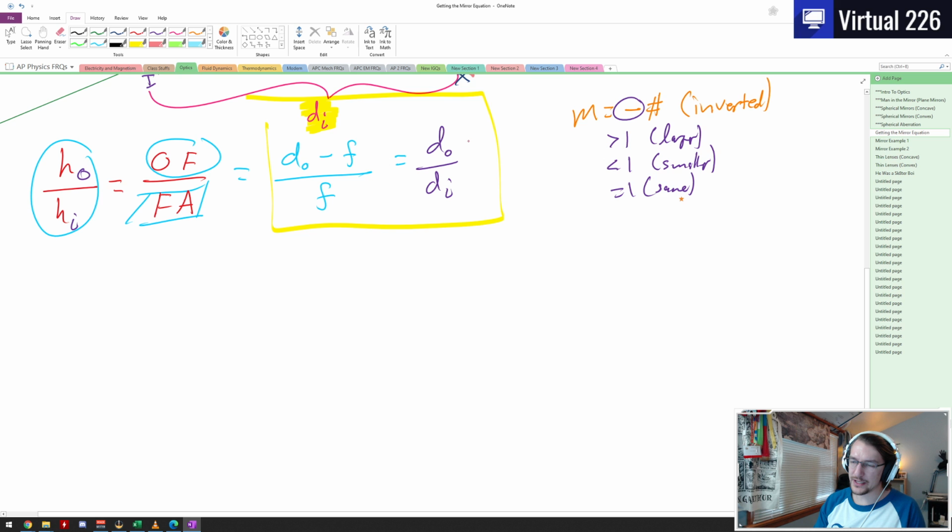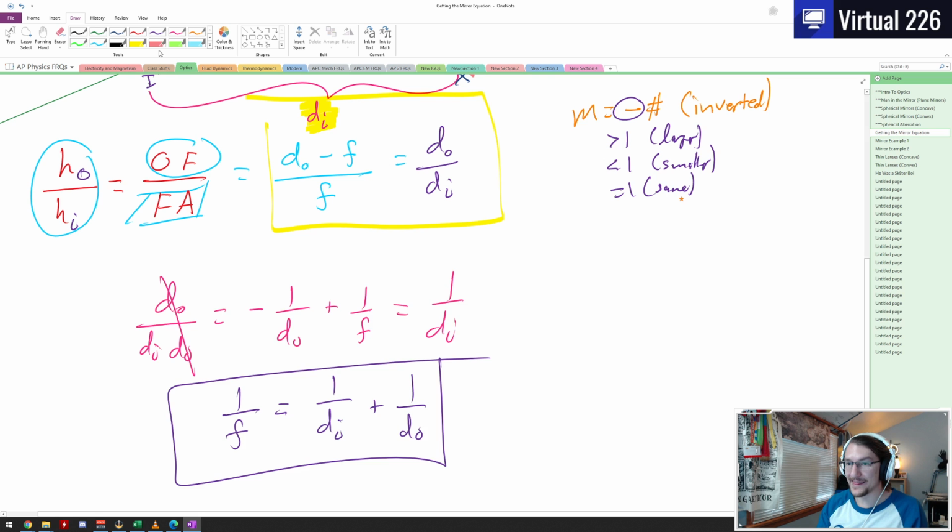If we take each side and divide it by DO, so we'll have a DO and a DO here, what we're going to get is DO over DI DO equals negative 1 over DO plus 1 over F, and then if these cancel out, this is actually just equal to 1 over DI. So what we can say here is that 1 over F equals 1 over DI plus 1 over DO.